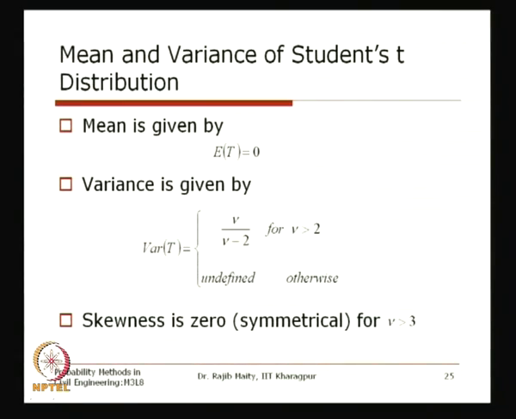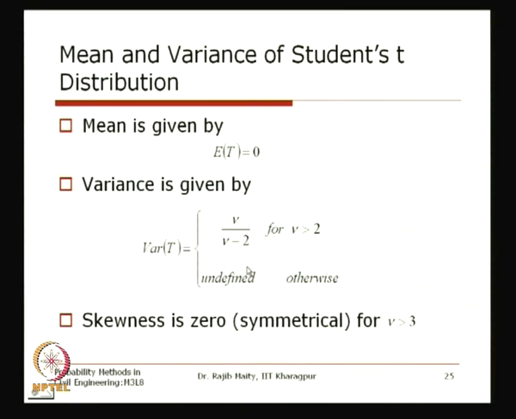Similar to the standard normal distribution, the mean is 0. The variance of this distribution is related to its degrees of freedom, that is nu by nu minus 2, and this holds when nu is greater than 2, otherwise it is undefined.